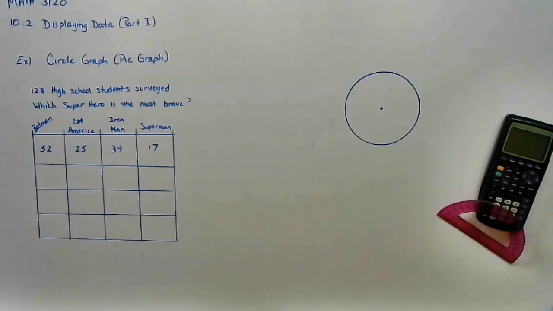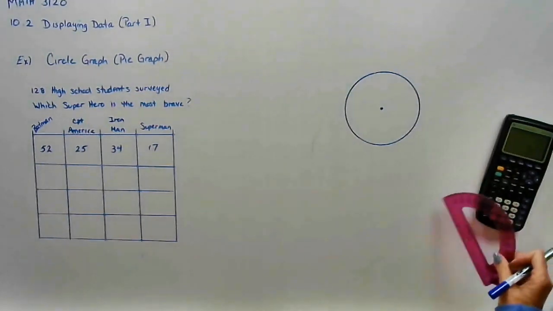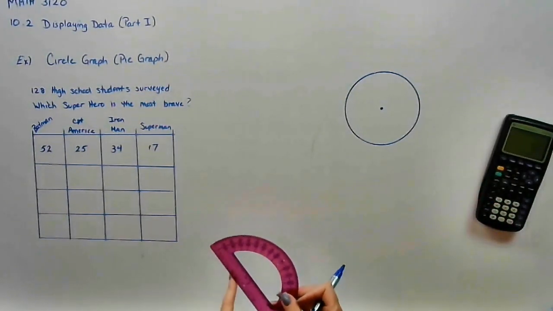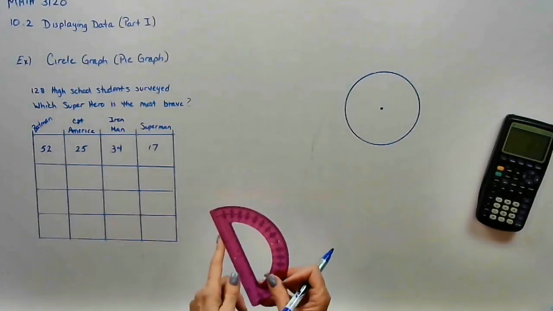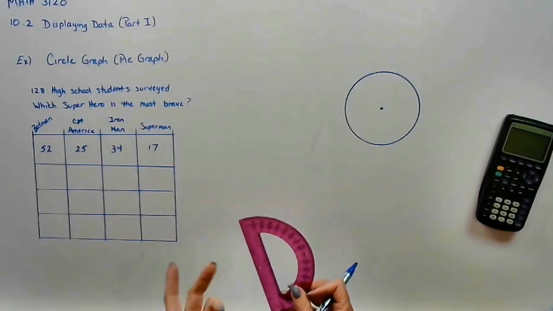All right, and our final example here is going to be with a circle graph and how to create a circle graph. And what you need is you need your data, you need a calculator, you need a straight edge, and you need a protractor. Now the straight edge can also be found on the protractor. A straight edge is anything that creates a straight edge.